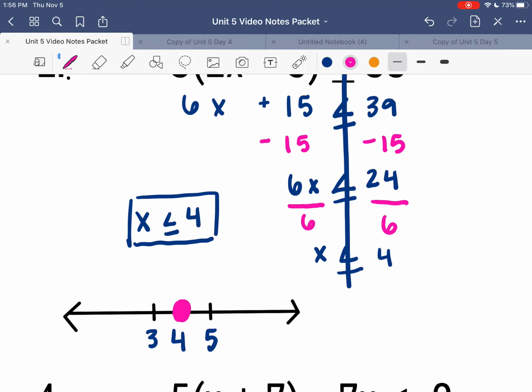And it's closed because we had that equal to part in our answer. It said x is less than or equal to 4. Numbers less than 4 would be going to the left, so I'm going to draw an arrow to the left. And what that represents is all of my possible answers for this inequality. Anything that is less than or equal to 4 would be my answers.